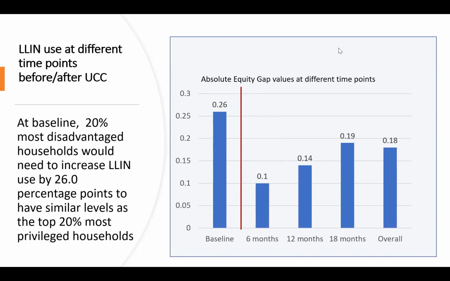As we see, after LLIN distribution, this value drops, indicating that the LLIN distribution improves and reduces the gap of LLIN usage. However, after 6 months, we see it moving up again. Potentially there are explanations. Maybe it could be the wear and tear, possibly that could explain it. But this is what we are saying.